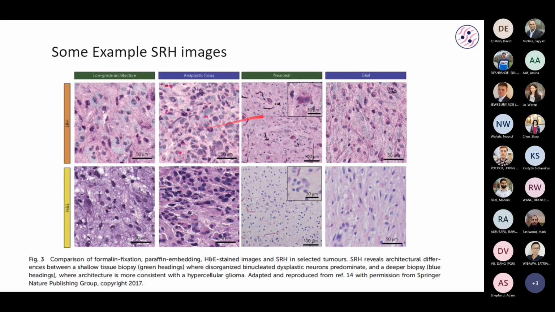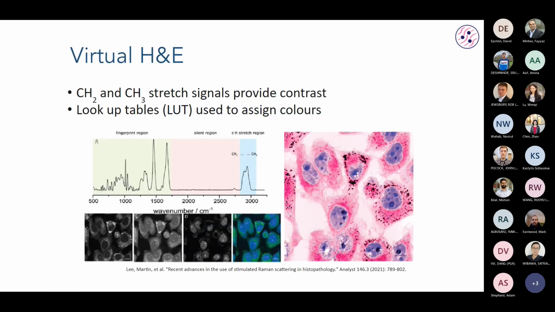On the top here are some images using stimulated Raman histology, and on the bottom are some H&E images. Just a quick one. So the main thing is there's no staining in SRH, right? Yeah, there's no staining here. This is purely probing vibrational modes.